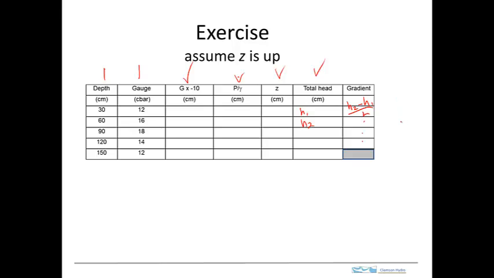Now, if we set the coordinate system as upward, and we could say that's the z coordinate, then this is a finite difference expression for the gradient, and if we put the gradient right there, we say that that gradient applies at 30 centimeters depth, and we're using 30 centimeters depth and the value at 60 centimeters depth, which is behind it.